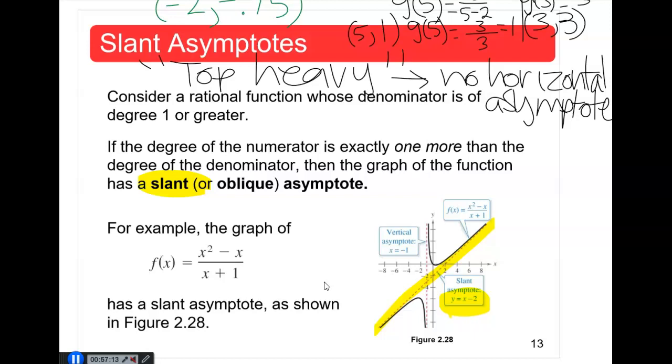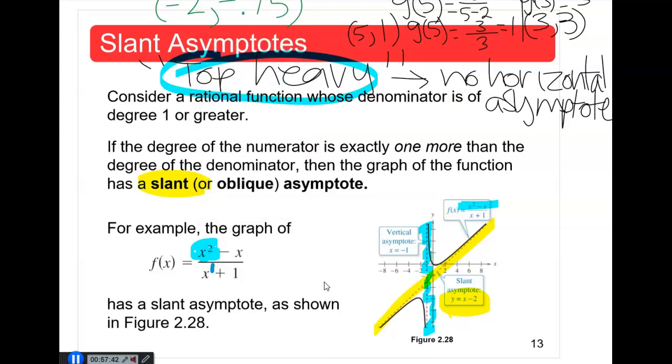They could be leaning to the right, leaning to the left. So that's how they look. And here you could see that there is a vertical asymptote as well, but no horizontal asymptote. And you could see how that equation is top heavy. The degree of the numerator is bigger than the denominator because the denominator is a 1. And so, yeah, we have that.